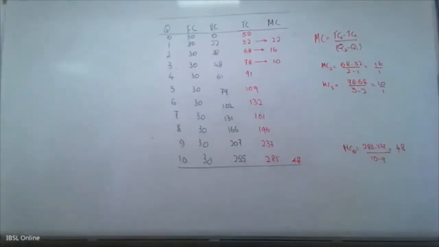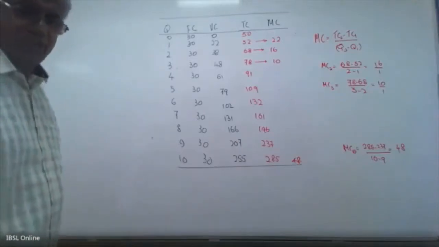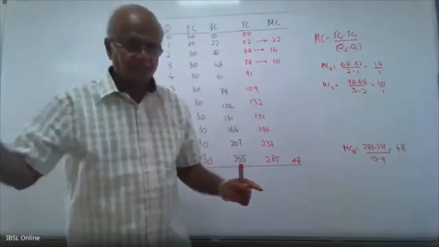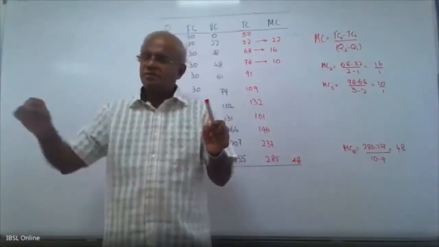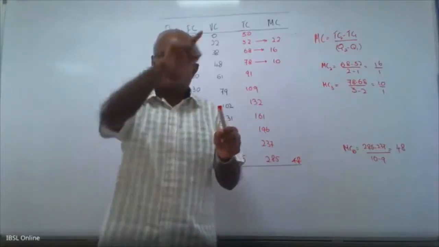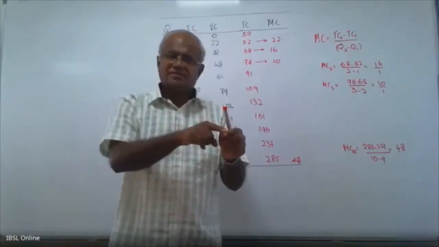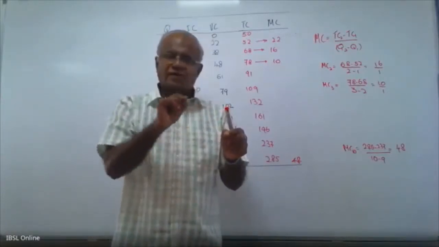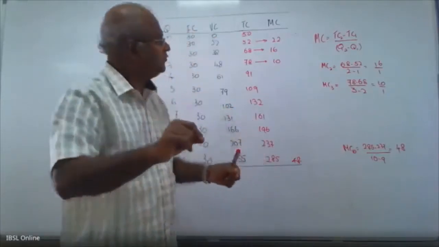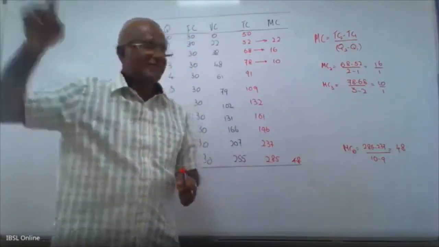Homework question. Then, the second question is draw the MC curve. Generally, the MC curve is drawn with quantity along the x-axis and the marginal cost MC on the y-axis. If you draw output 1, output 2, output 3, like that you mark and draw. MC decreases and then increases.